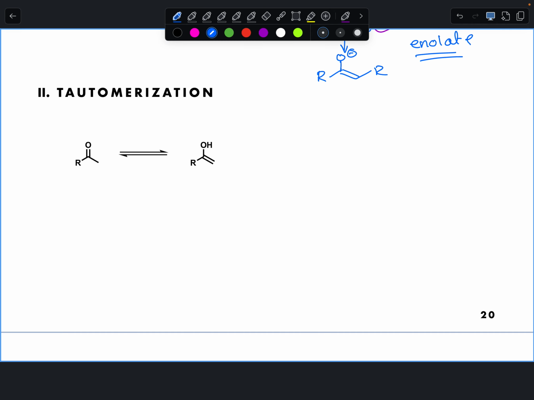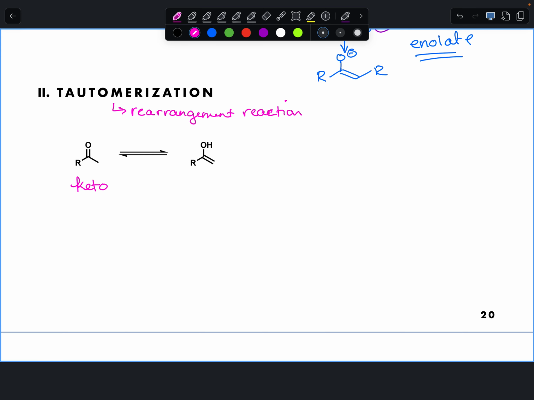Keq is a ratio, right? What's on the top? Products over reactants, right? Keq is our equilibrium constant, where we have the concentration of the products over the concentration of the reactants. Okay, in this case, that means that we have the concentration of the enol over the concentration of the keto.